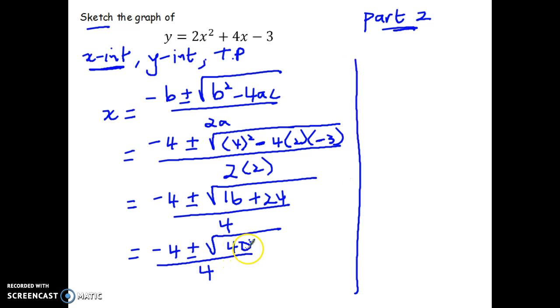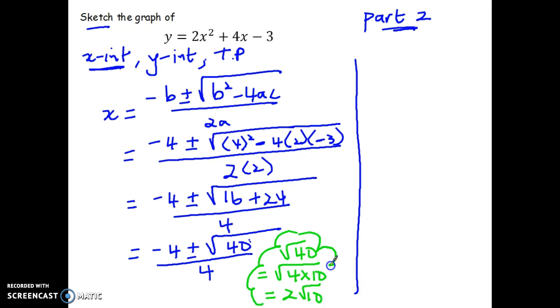I'm going to write root 40. If you recall our work with surds, root 40 is root 4 by 10. Square root of 4 is 2 root 10. You need to be able to cancel your surds down in this instance. So continuing on, we have x equals minus 4 plus or minus 2 root 10 over 4.